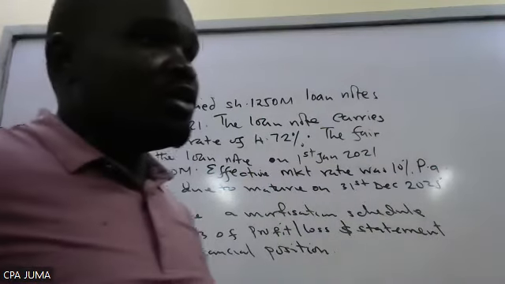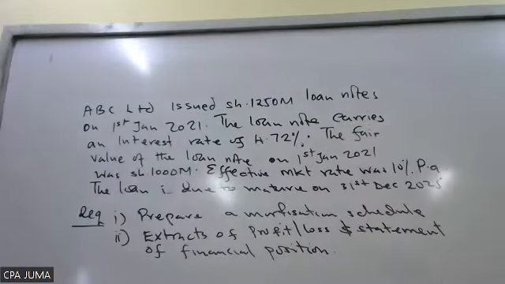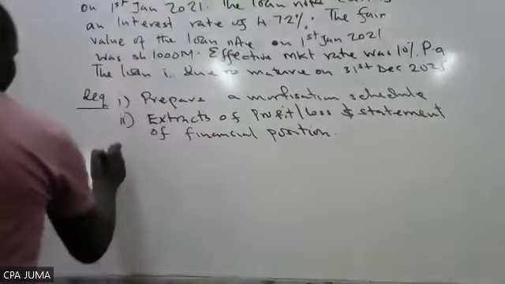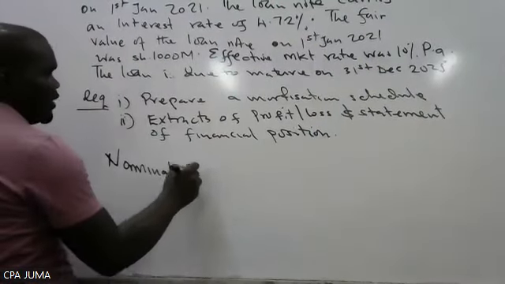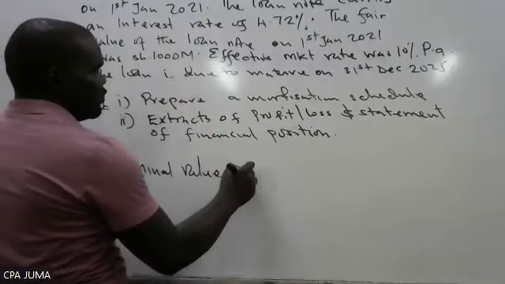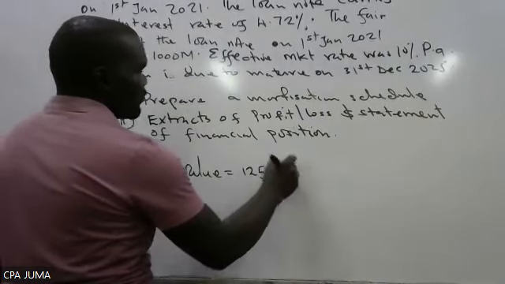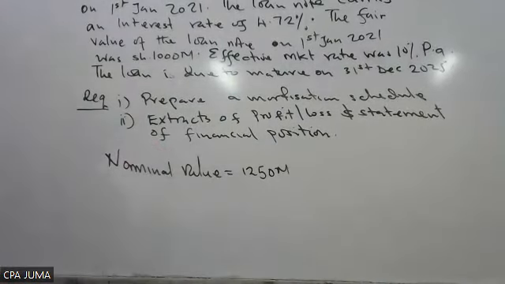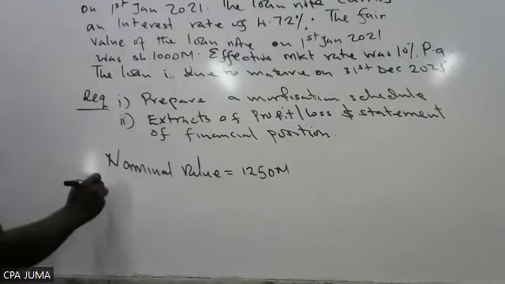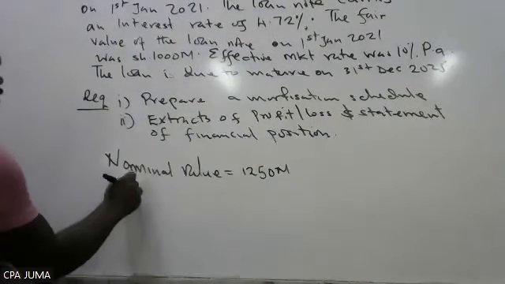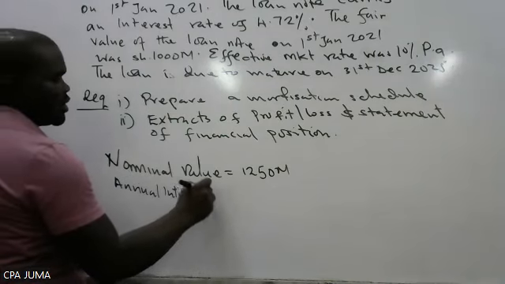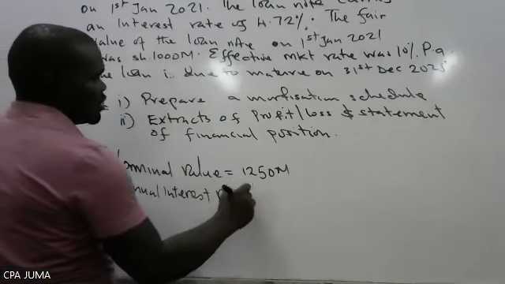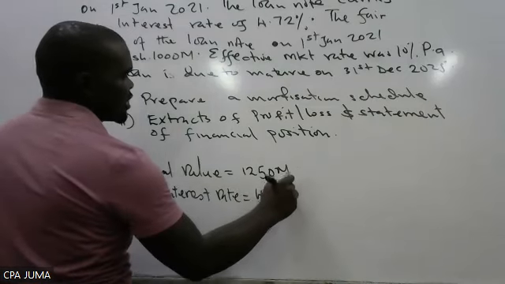So let's collect some small evidence there. What we can see, one, nominal value is 1250 million. That is one thing which I can capture there. Then annual interest rate is 4.72%.